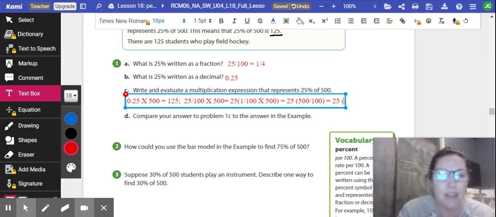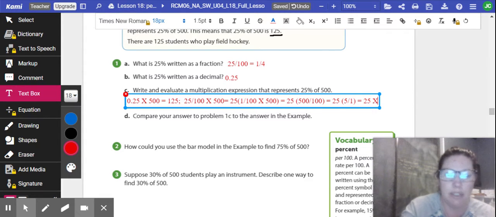And then remember, I canceled my zeros, so I could cancel this 0 and this 0, so it'd be 5 over 1. Okay, which is the same thing as 5, right? Anything over 1 is the same thing as itself. So basically, this is saying 25 times 5, which is 125.